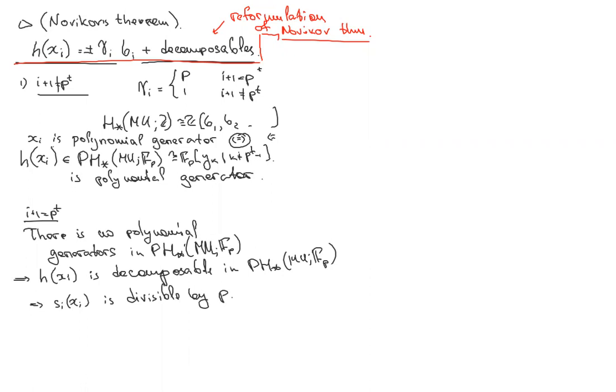And if we consider all other primes, then we will see that for a prime q, which is not p, s_i of xi is not divisible by q.